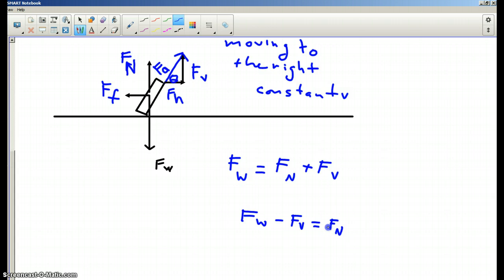If this suitcase were being pushed instead, then Fv would point downward, making the suitcase seem heavier. The vertical force would then add to the weight of the object, and the normal force would be larger than usual. So when a downward push is involved, the situation is changed.